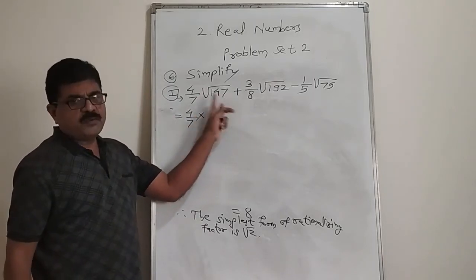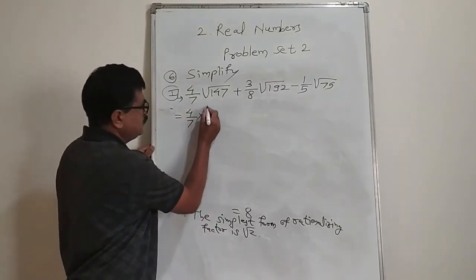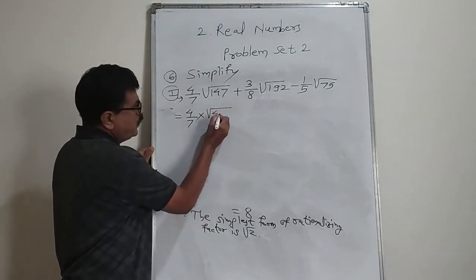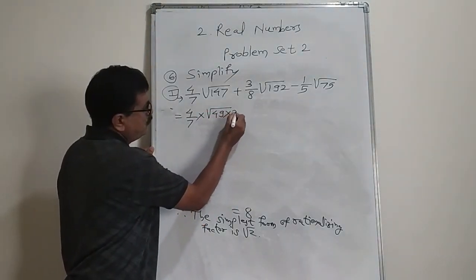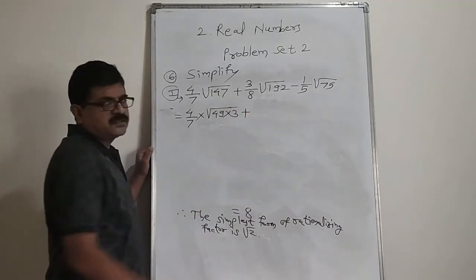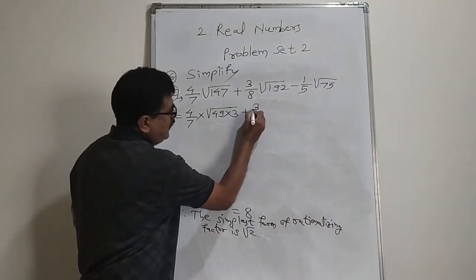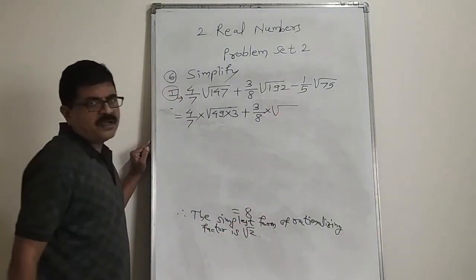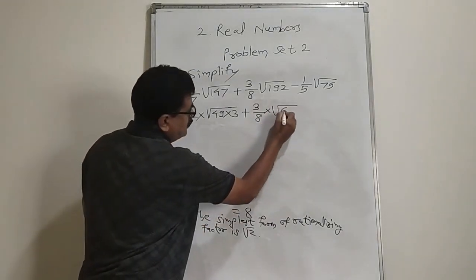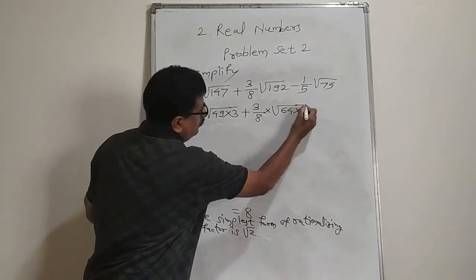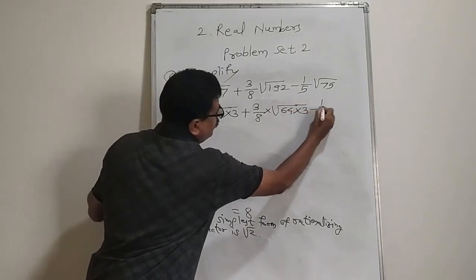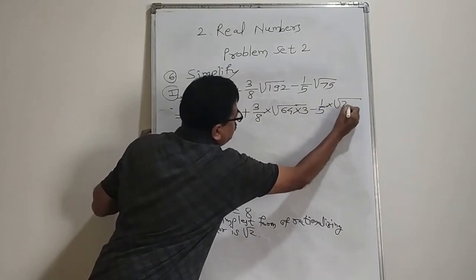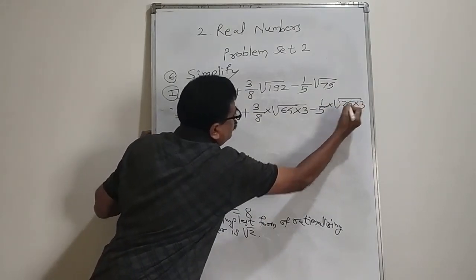4 upon 7 into square root of 147, which we write as square root of 49 into 3, plus 3 upon 8 into square root of 192, written as 64 into 3, minus 1 upon 5 into square root 75, written as 25 into 3.